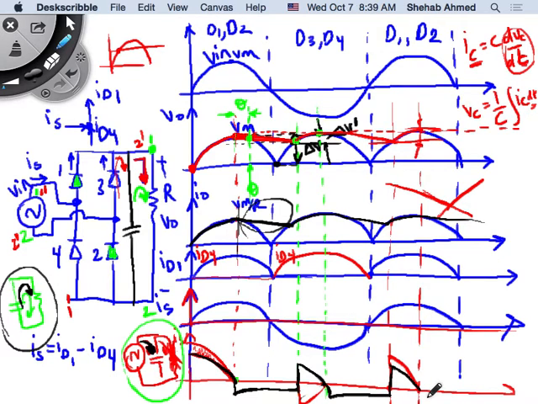Okay, now who's confused? Everybody? It's okay. Do you see the red? Do you understand the red waveform? When does the red occur? The red waveforms occur when the diodes are connecting the supply to the RC circuit. If the diodes are connecting the supply to the RC circuit, then I'm charging my capacitor, right?